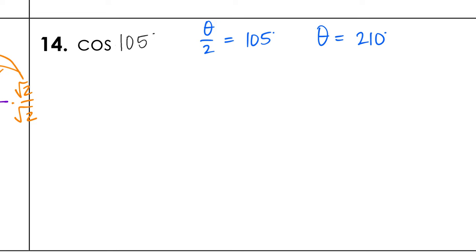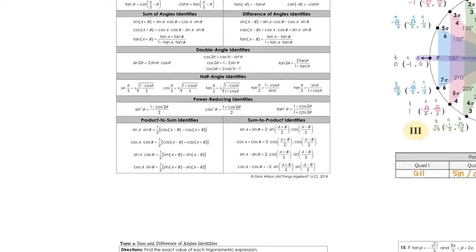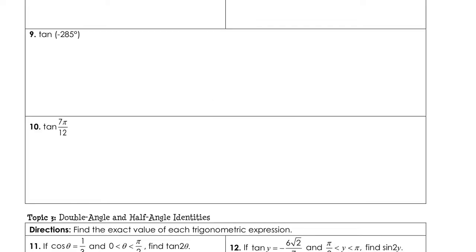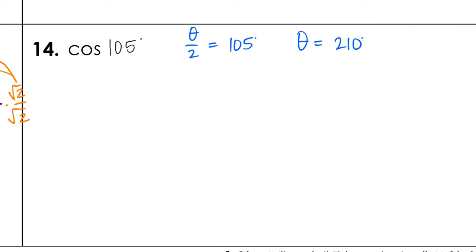So half angle of cosine, let's look at what our identities say to do. Okay, so half angle, there's only one rule for cosine. So that's plus or minus square root 1 plus cosine theta over 2. So I'm going to write that down before I forget.